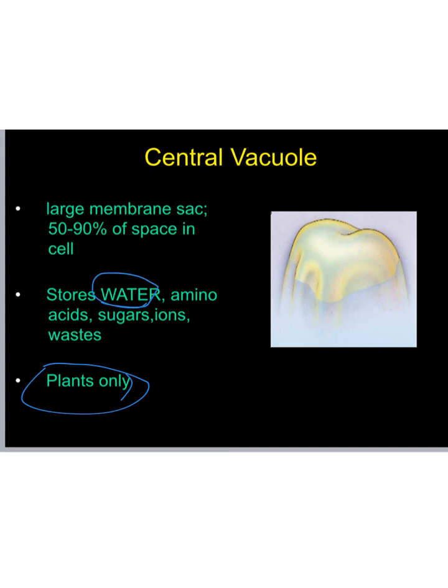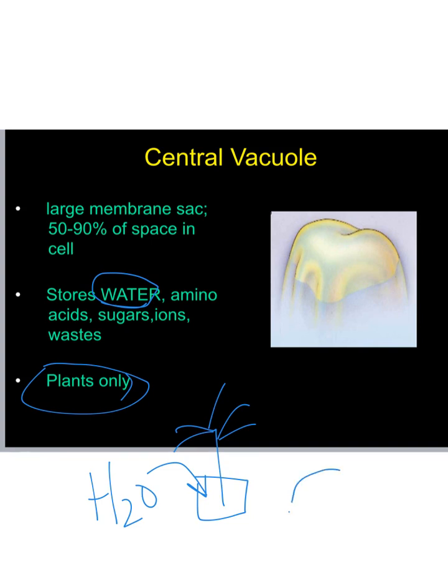You can think about it this way: if you've watered your plant lately, and you have a little plant here in your pot, and you provide water to those cells, so here is my plant cell, and basically here is my central vacuole.